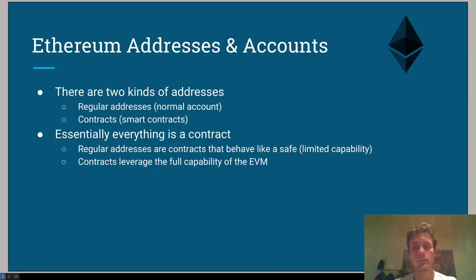Well, those have to be interpreted by something, and that something is the Ethereum virtual machine that every full node actually runs. So if you create a contract, then every full node on the network, once you have deployed it, will actually verify it.